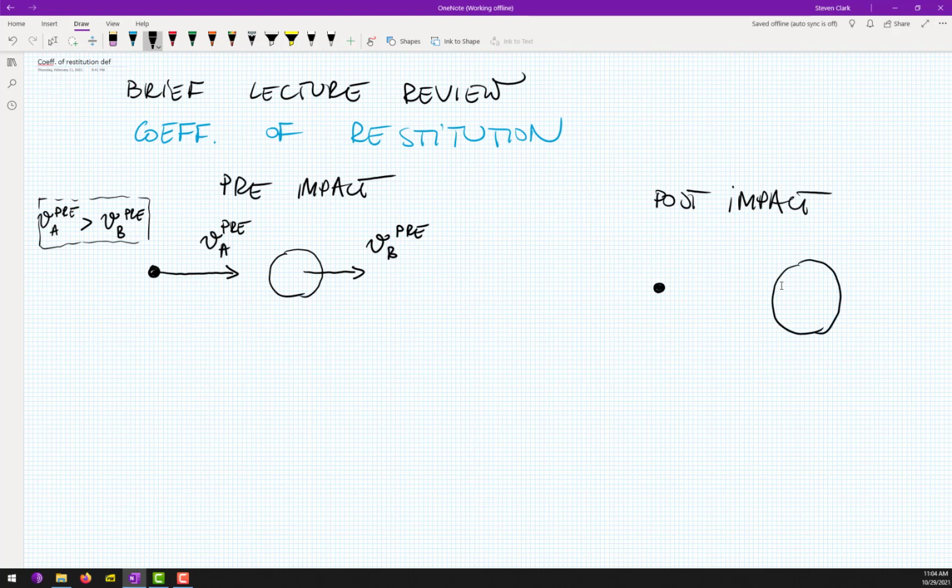But this time, this guy will be faster. It will be VB post and VA post. So the definition of coefficient of restitution is the following: the difference in velocities post-impact divided by the difference in velocities pre-impact.